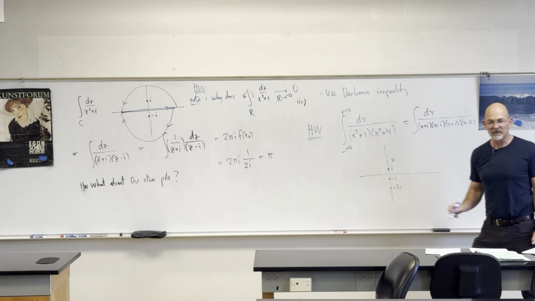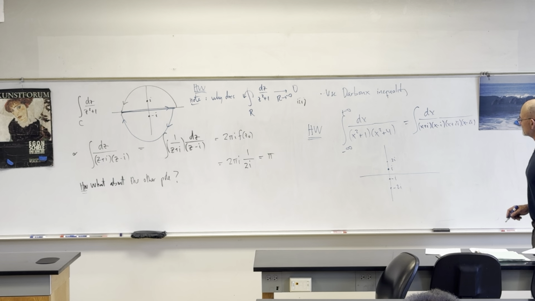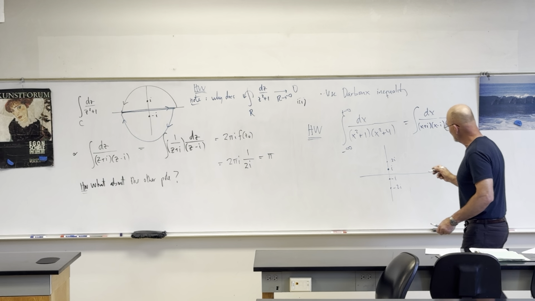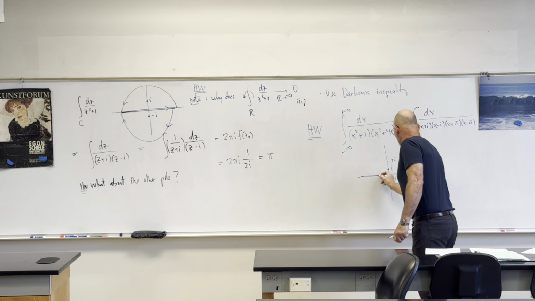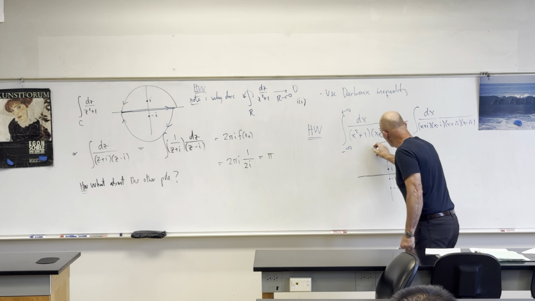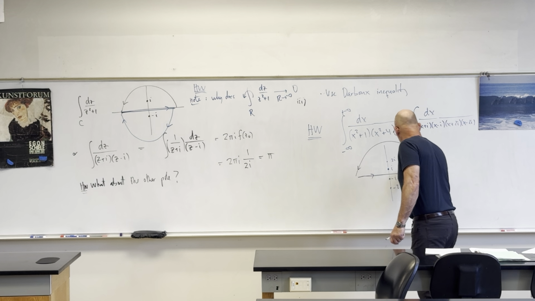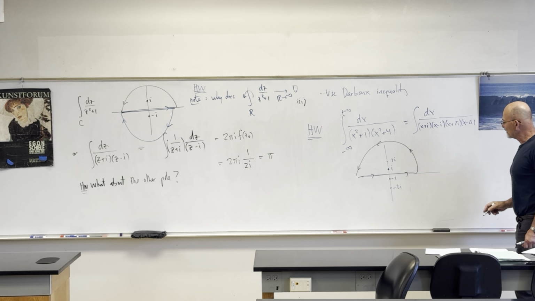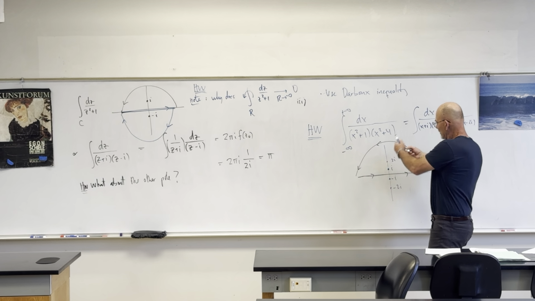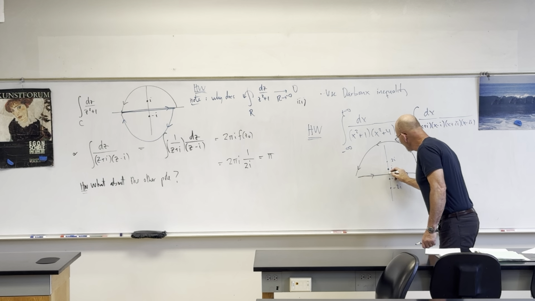So there are 4 poles. And we're going to use the multiply connected version of Cauchy's theorem, of the original one really. So here we have to circle these 2 poles.